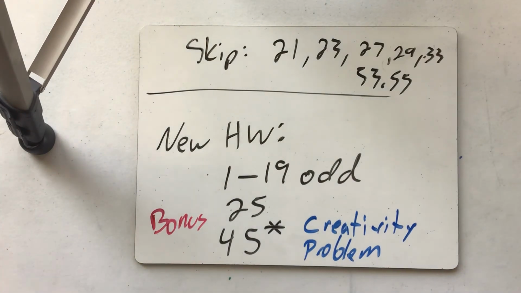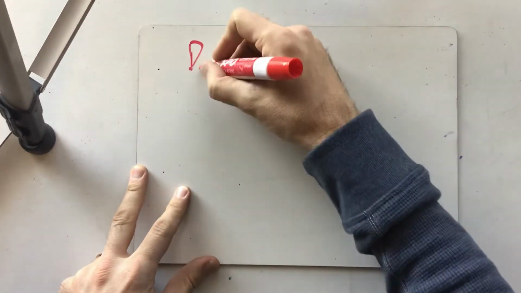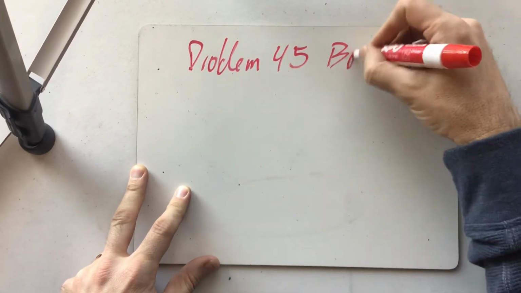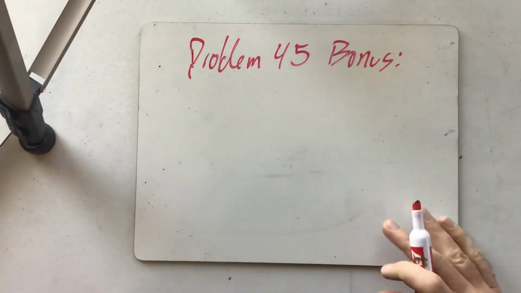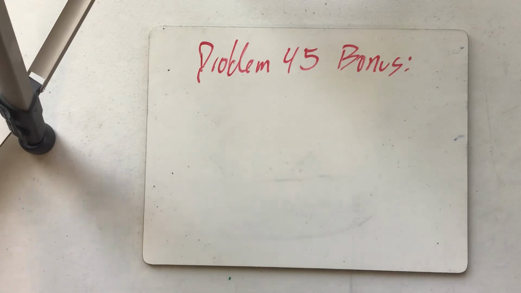And what I would like you to do for problem 45 bonus, this is what it takes. Here's what I'm going to ask you to do. I'm going to ask you to solve it, and you can work in groups if you want. So you pair up, or do it individually if you need to.